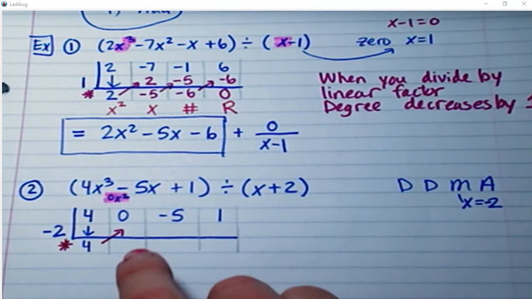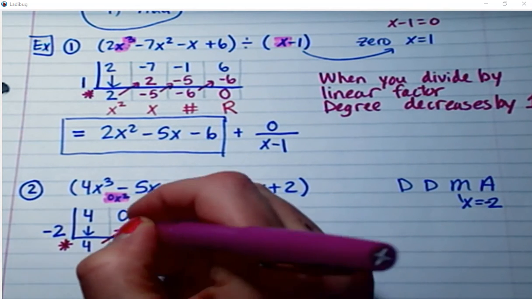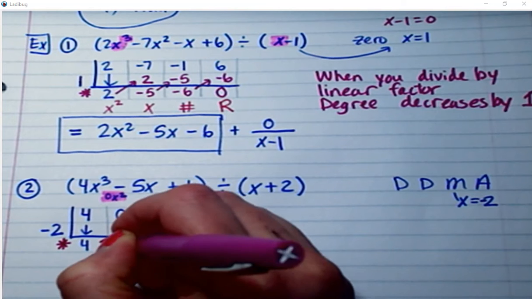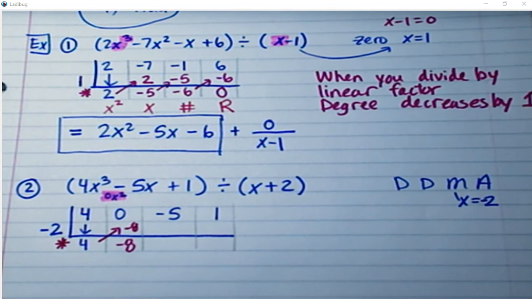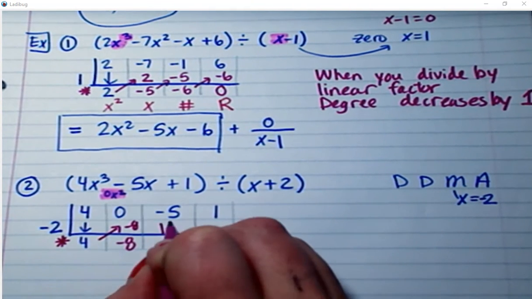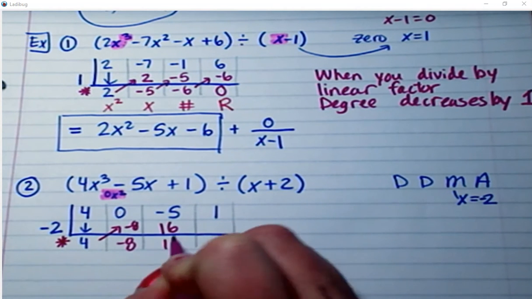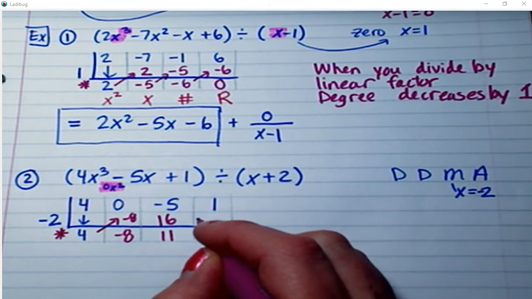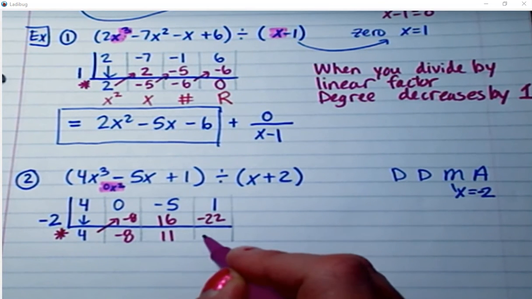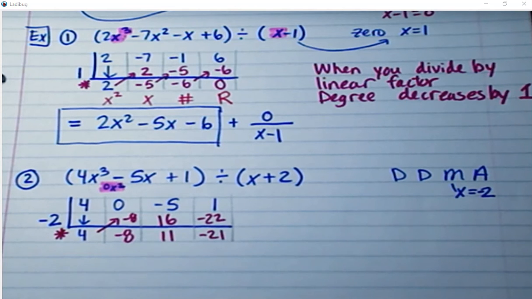Anyone brave enough to tell me? Yeah? Yep. And add. Okay, raise your hand. What goes in the next 2 spots? 16 and then 11. Okay, last 2 spots. Yeah? Yep. And? Yes. Okay.